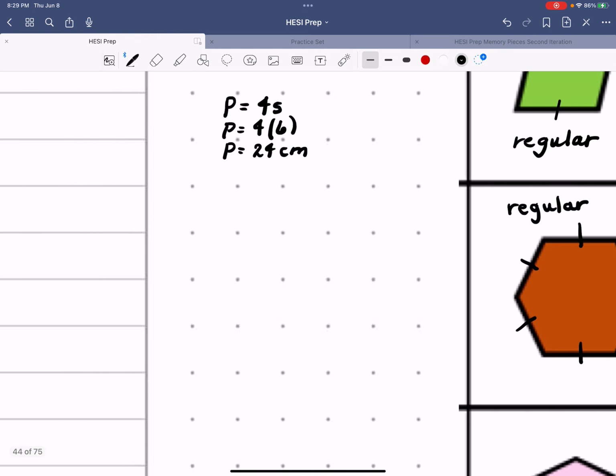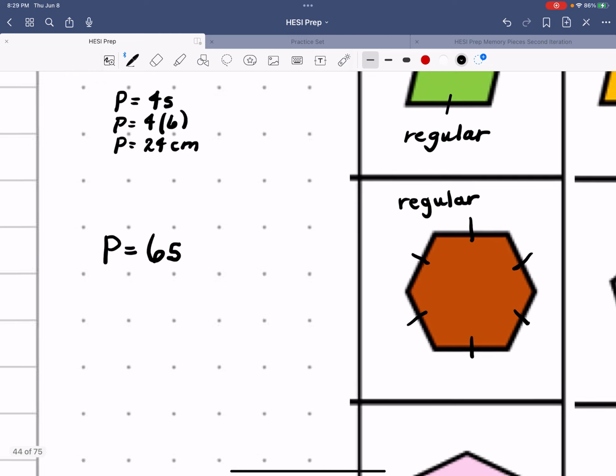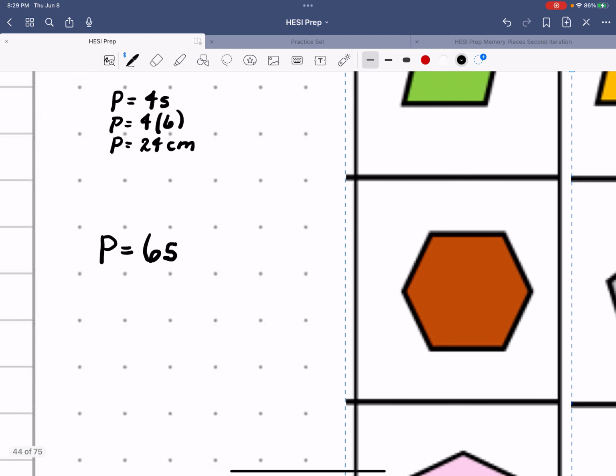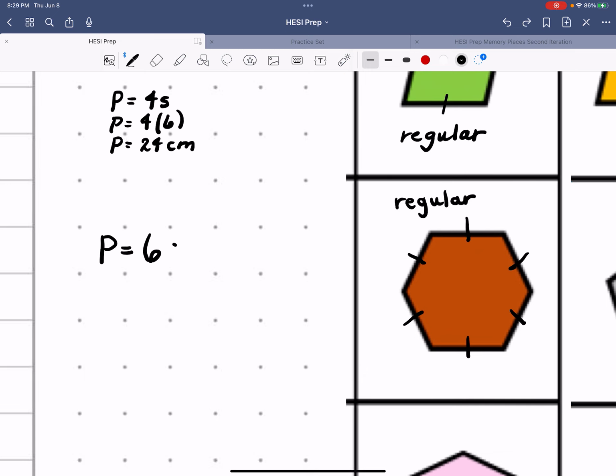So when you have something regular, to get the perimeter, you can simply say it's the number of sides, in this case 6, times the side. So if we said that one side is maybe, let's do 5 feet.